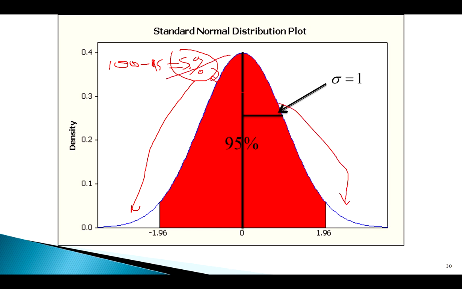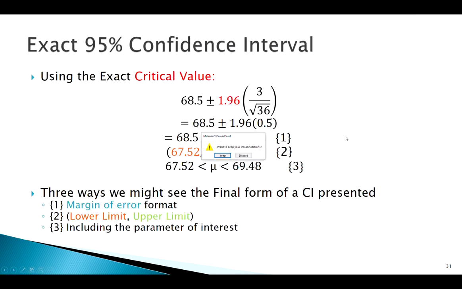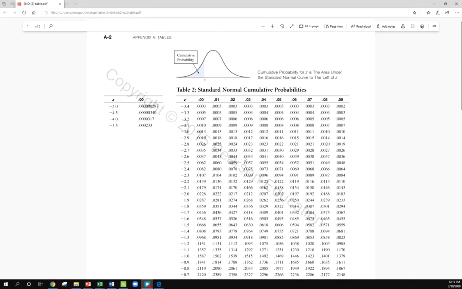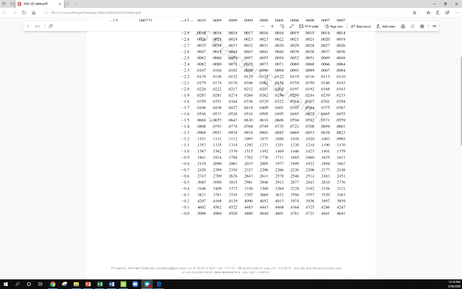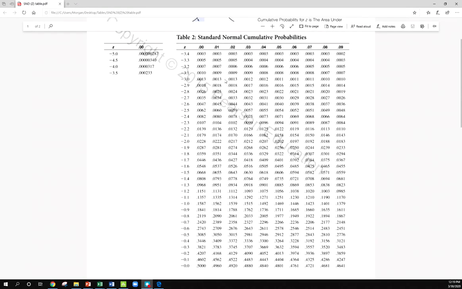So 5% divided by 2, that gives me 2.5%. Right? So if I go to my table, because we're working with a standard normal distribution, if I go to my z-table here, then that 2.5% I was looking for, so remember we kind of have to estimate this. We may or may not have exactly 2.5%.